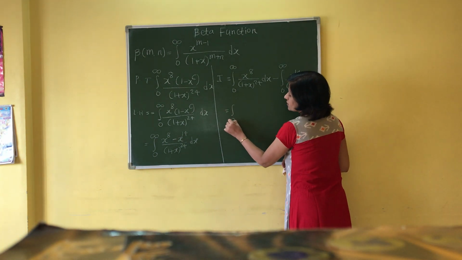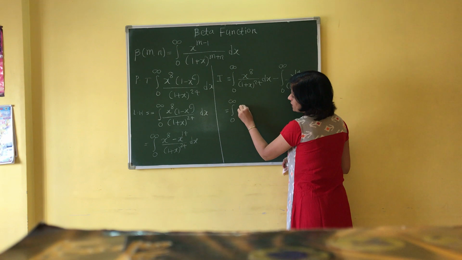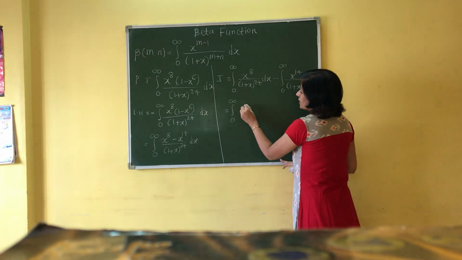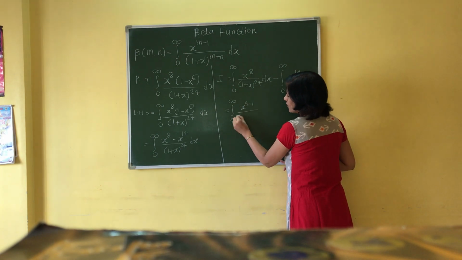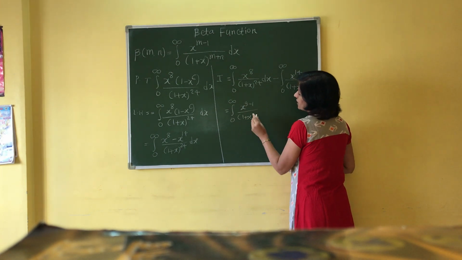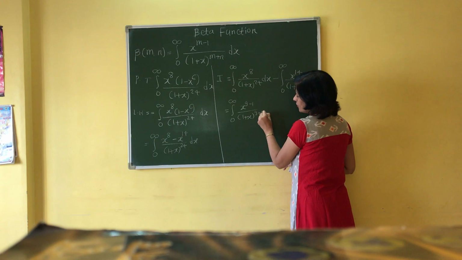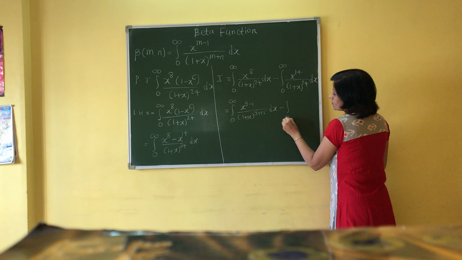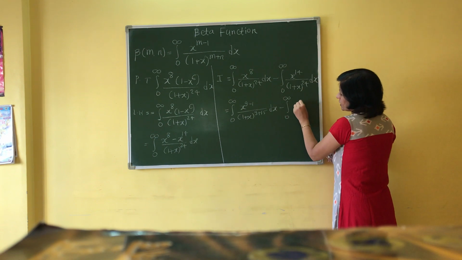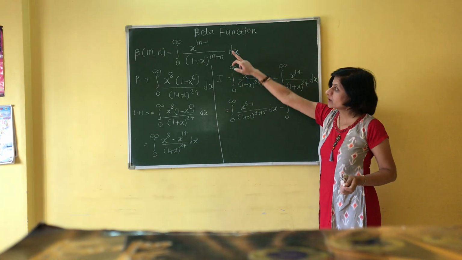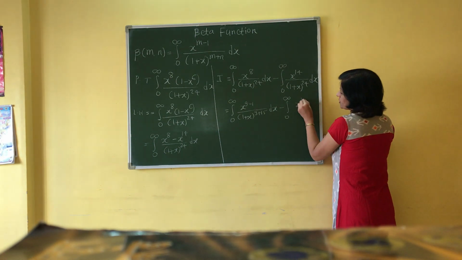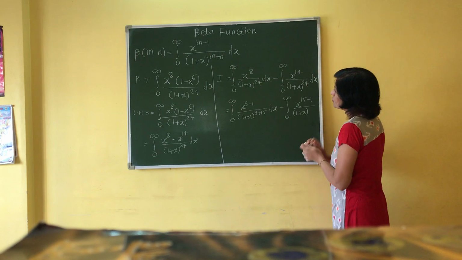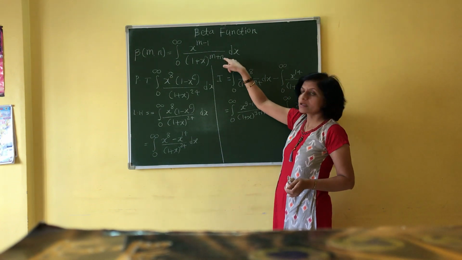That is integration from 0 to infinity x raised to, write 8 in m minus 1 form, that is 9 minus 1 upon 1 plus x raised to 9 plus 15 into dx, minus integration from 0 to infinity x raised to, write 14 in m minus 1 form, that is x raised to 15 minus 1 upon 1 plus x raised to 24, write 24 as m plus n.